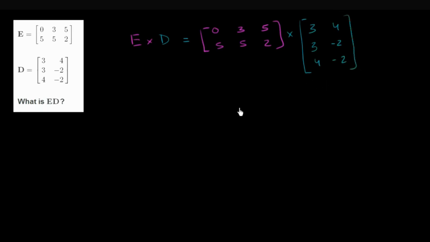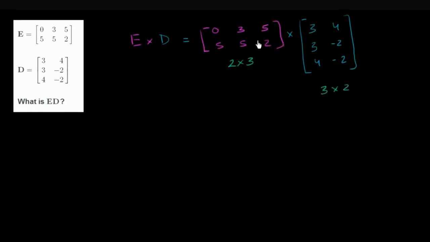Now, the first thing that we have to check is whether this is even a valid operation. Matrix multiplication is a human-defined operation that happens to have neat properties. The way we humans have defined it, this matrix has 2 rows and 3 columns, so it's a 2 by 3 matrix, and this has 3 rows and 2 columns, so it's 3 by 2.